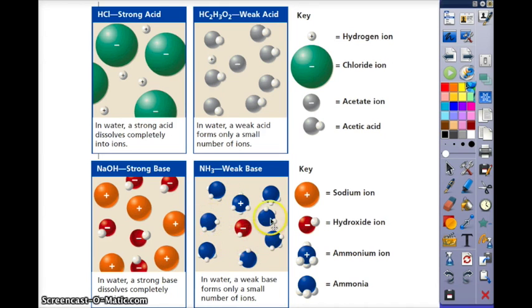It's a weak base, with very little OH. This is actually NH4 plus, and this is OH minus. It takes an OH from the water molecule and gives the H plus to an ammonia molecule. So this is a very weak base with very little OH.